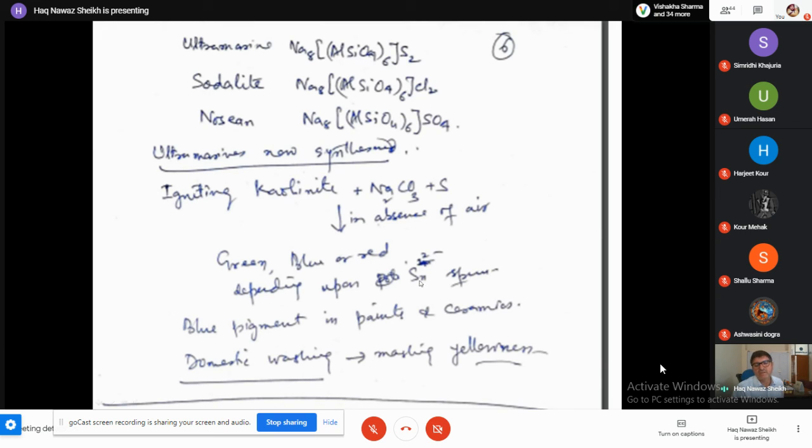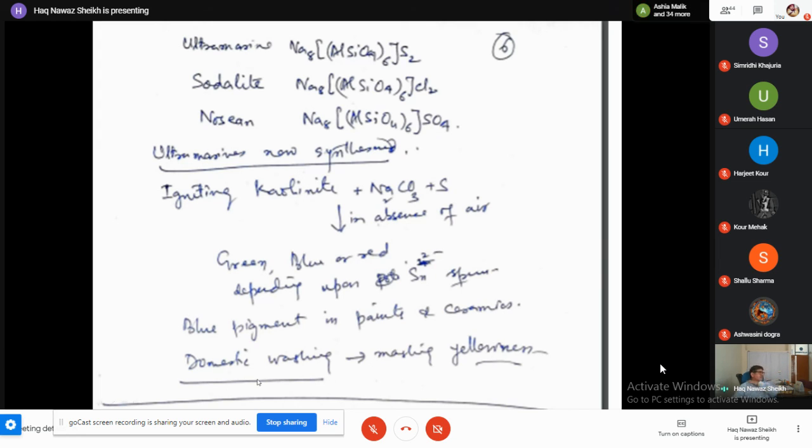If it is S4 2 negative, it may be red colored or green colored depending upon what type of polysulfide anion is generated. So blue pigment is used in paint industry even today, or ceramics. It was also previously used in domestic detergents to give blue color to the clothes to mask the yellowing of the clothes during the washing process.